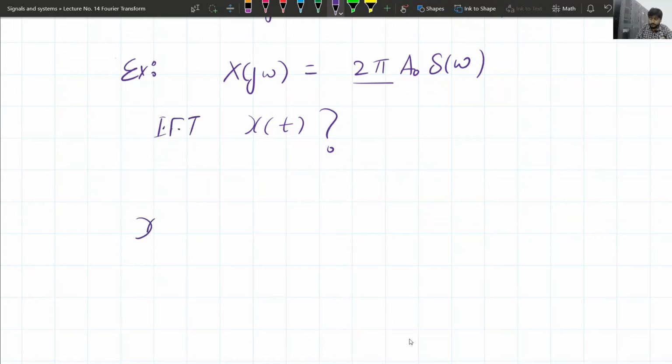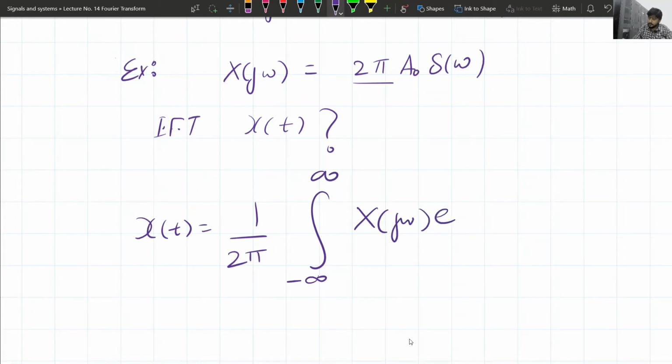The inverse Fourier transform x of t will be given by 1 by 2 pi integral from minus infinity to infinity X of omega e to the power j omega t d omega.